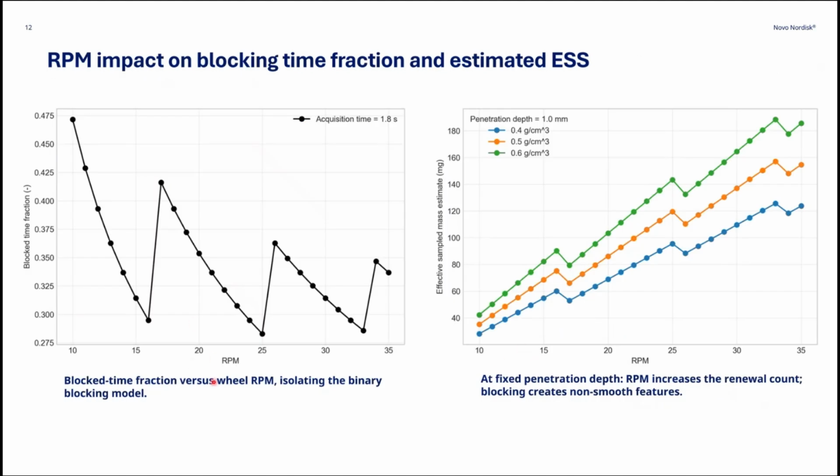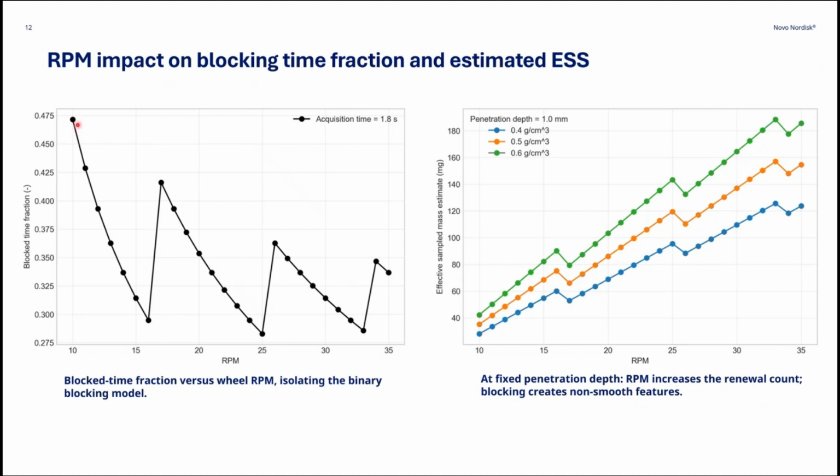So here you see, and that's the interesting part. If you work with different RPMs and also different spider wheel geometries, these patterns would look a little bit different. So this is the block time fraction. So how much of the time is blocked in the situation of 1.8 seconds? Of course, if you choose a different acquisition time with your NIR, it will look a little bit different.